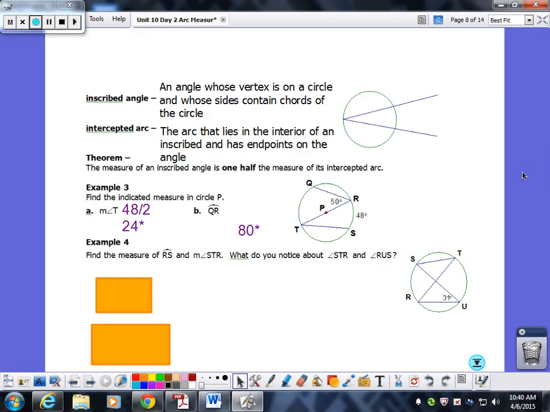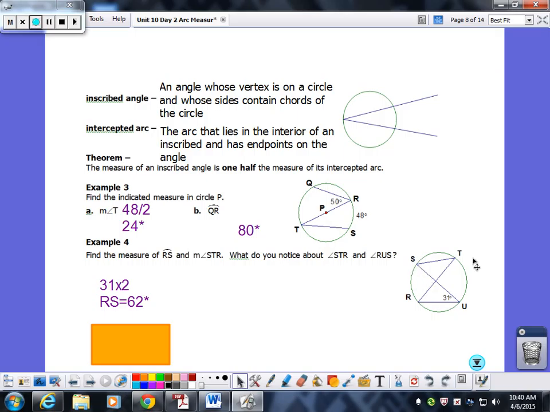Example 4 says find the measures of arc RS and the measure of angle STR. First, let's find arc RS. Here's arc RS, and its inscribed angle here at angle U is 31 degrees. So 31 times 2 gives us the intercepted arc, which is 62 degrees.